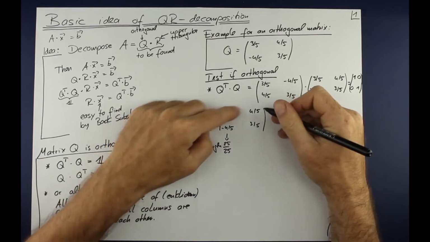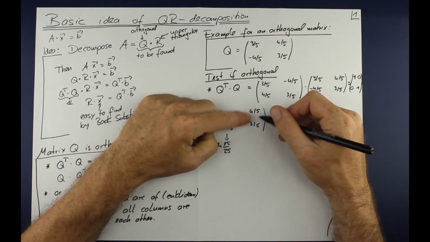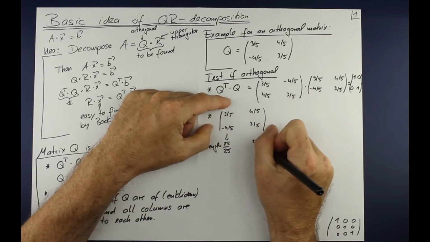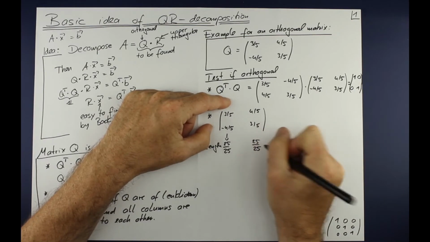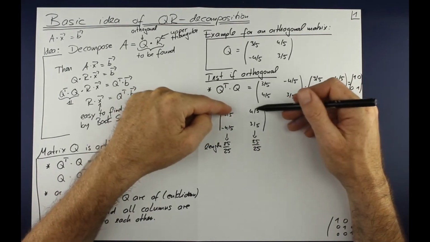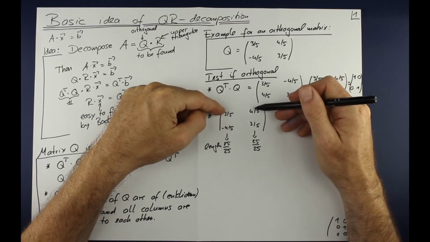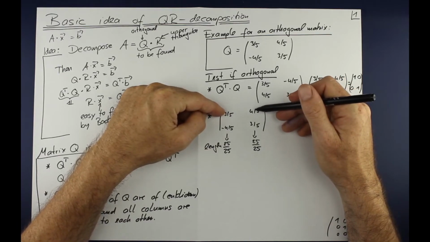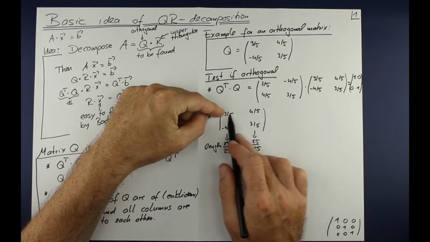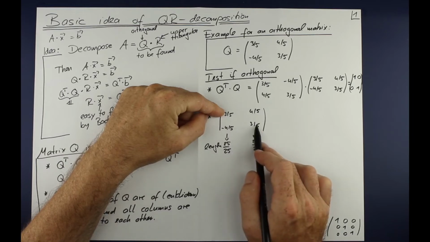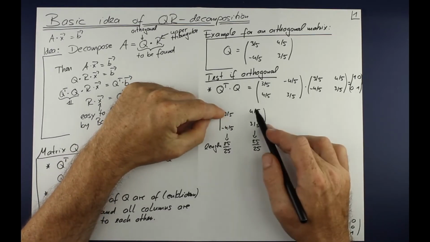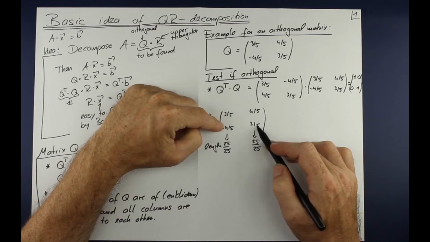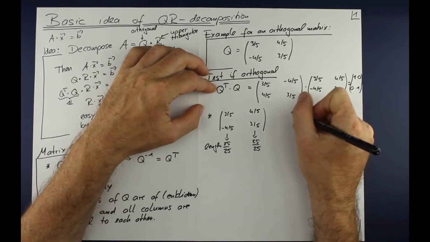And here the same, 16 plus 9, we get 25 divided by 25. And now they are orthogonal or they are not. Let's test. The dot product means multiply these entries and add that. 12 divided by 25 minus 12 divided by 25, which is 0.